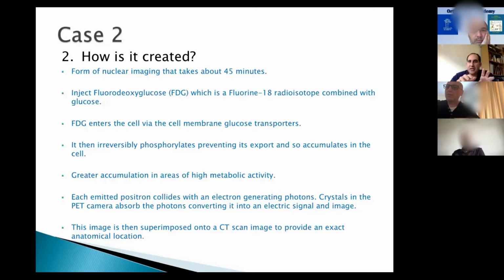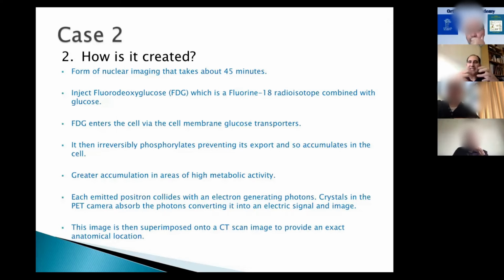I think you mentioned a lot of the points there. Maybe just a bit more detail of the radioisotope that's used. The process in which you generate the image is reliant on the generation of the photons from the breakdown of the radiation that hits the electrons within the soft tissues, and that's how you get the signal.